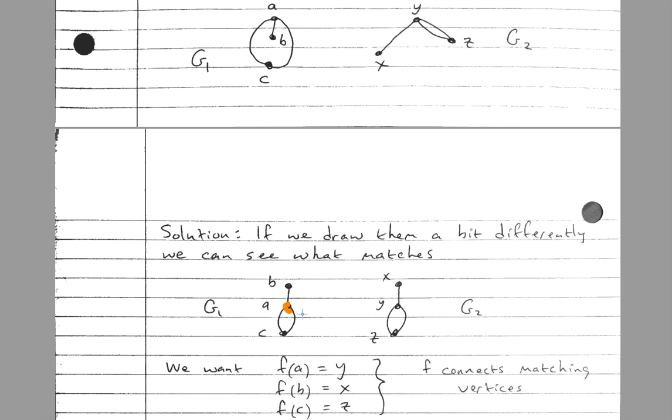Or go to C and come back this way. That's 5. All right, so there are 5 paths of length 2 from A to A. And you can see there are 2 paths of length 2 from B to C, going this way or going this way.